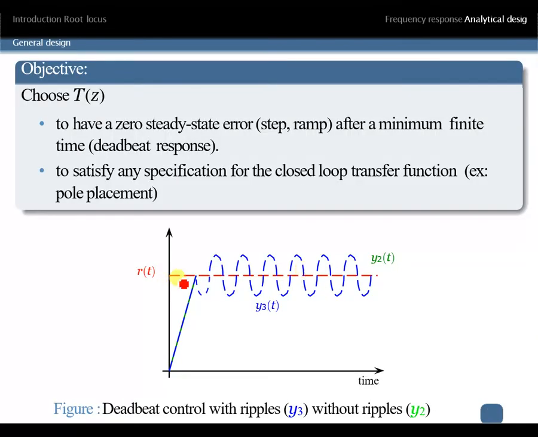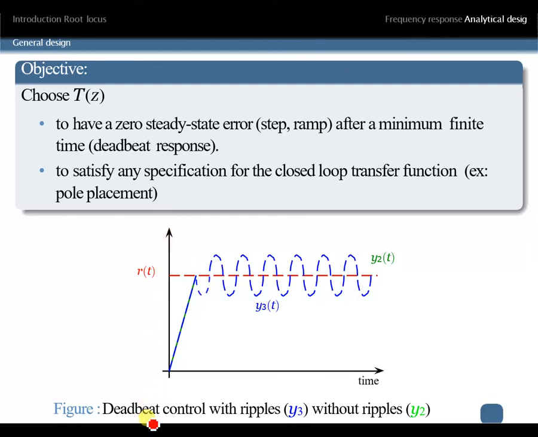First of all, the objective is to have zero steady state error for the input of a step or ramp after minimum finite time. The name is deadbeat response. To satisfy any specification for the closed loop transfer function, the name is pole placement.